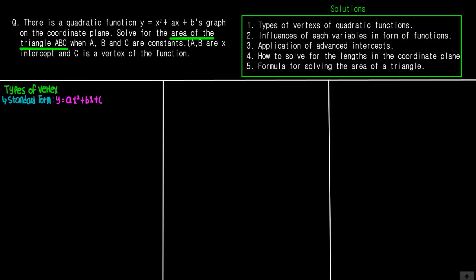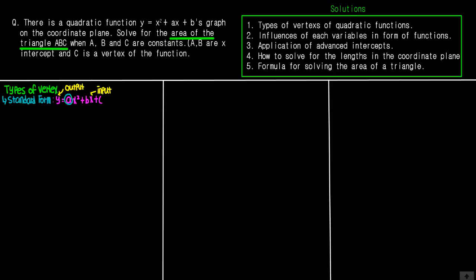Every single function contains y and x. Y should always be the output of our function, and x should always be the input, where we input specific values. From now, let's think about what the a is.